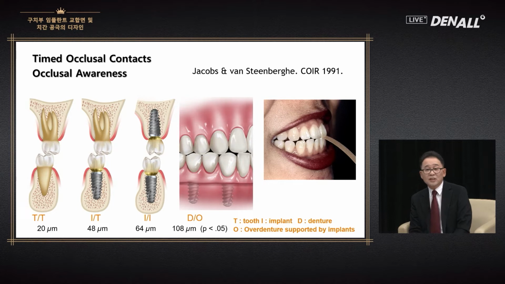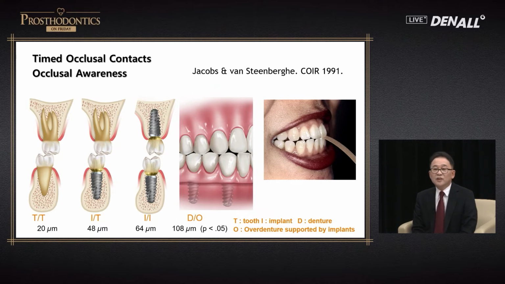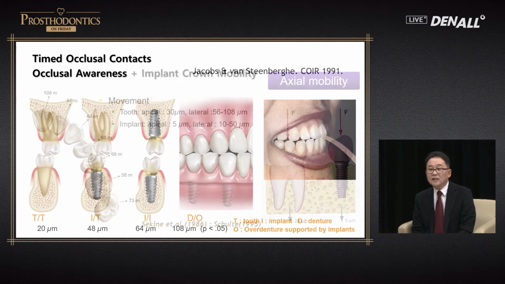Natural tooth to natural tooth, 20 microns. The number is not very important. Very thin things can be recognized. Natural tooth to implant, implants on both jaws, there is a wide variety of the level of perception depending on those.